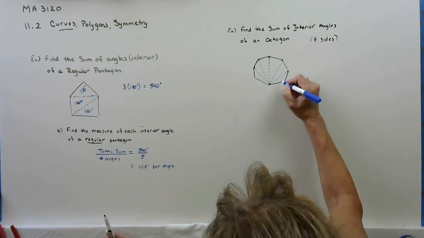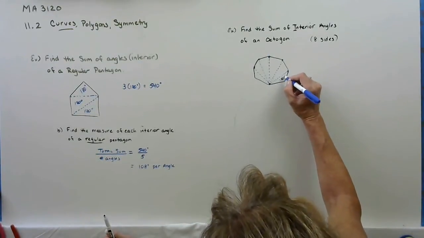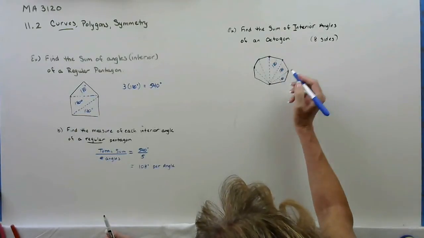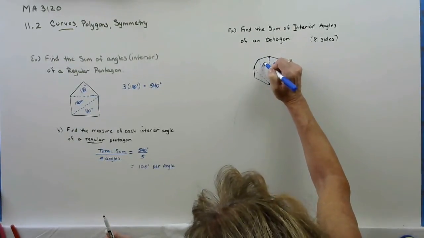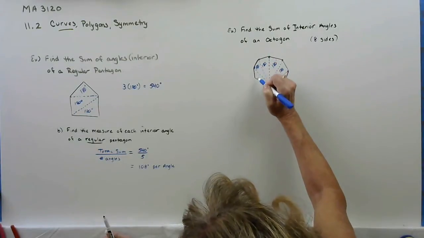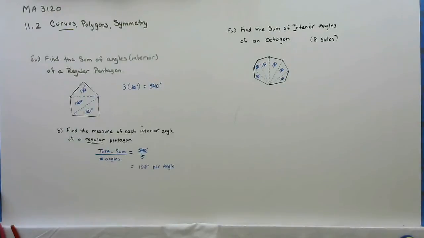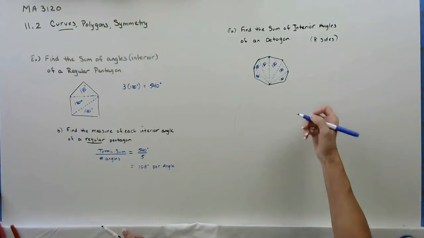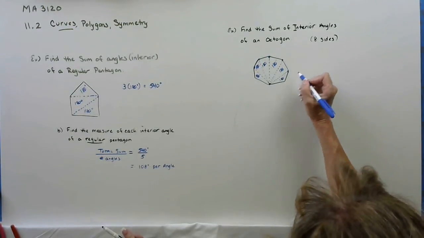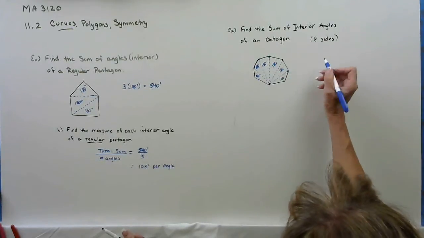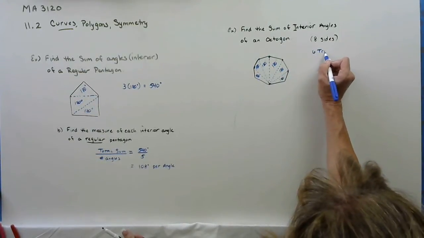So I notice that because these are all triangles, this has 180 degrees, 180 degrees, 180 degrees. I think you have the idea. So in this case, we would end up with 1, 2, 3, 4, 5, 6. So we had 6 triangles.